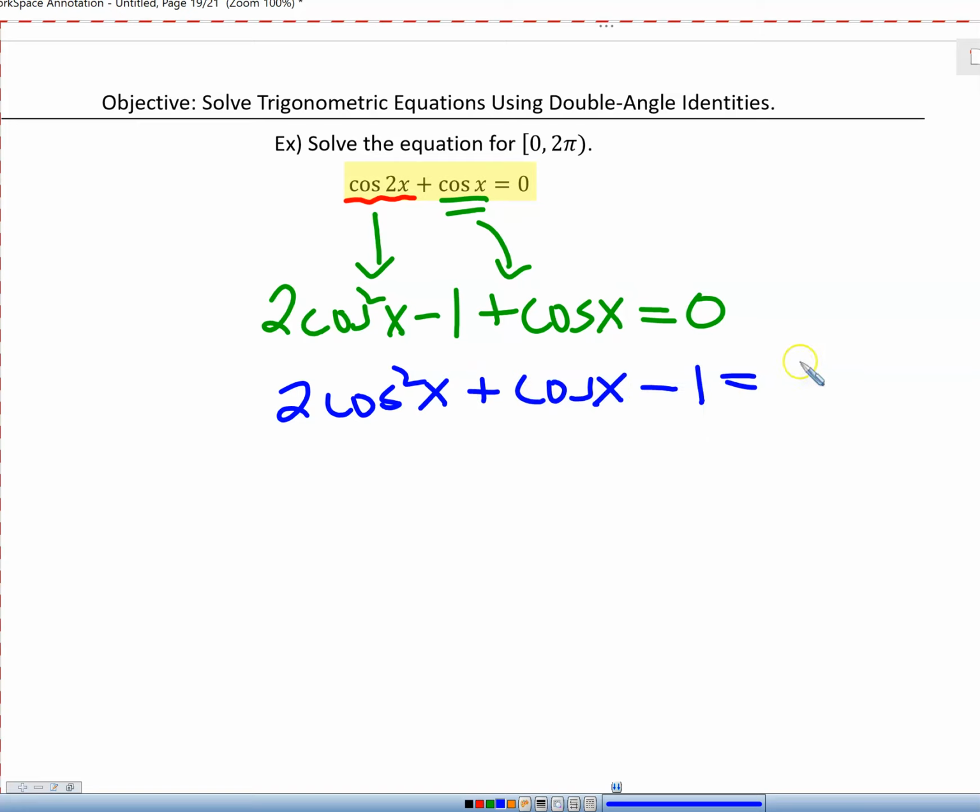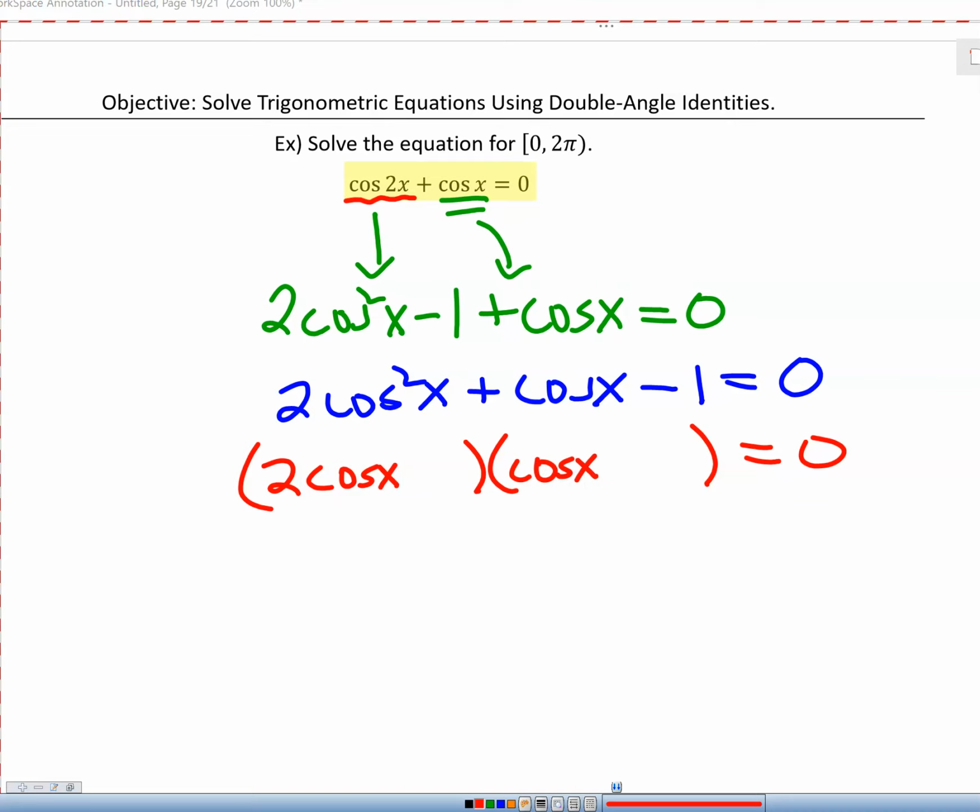So I get this trinomial structure we have seen before, and I would look at factoring it into 2 binomials. For the 2, of course, I'm going to use 2 and 1, and for cosine squared, I split that into a cosine and a cosine. So I have 2 cosine x and 1 cosine x. And then for the factors of my negative 1, I'm looking at using 1 and 1, of course.